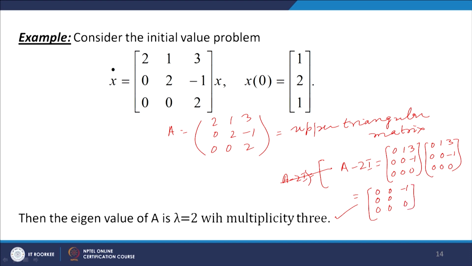So, what we get is A minus 2I whole square.